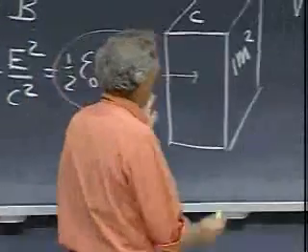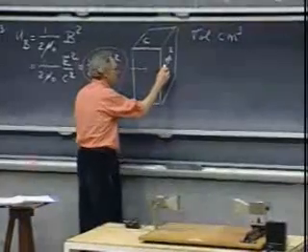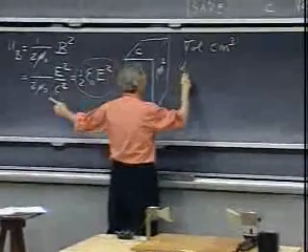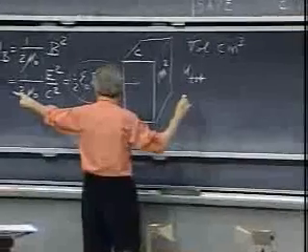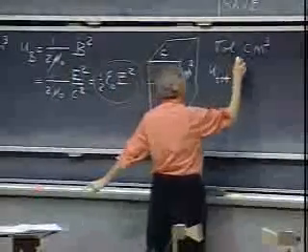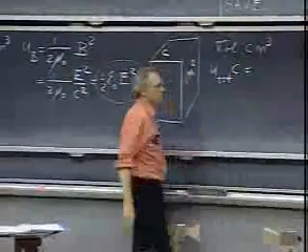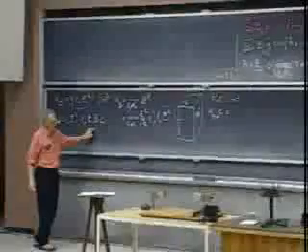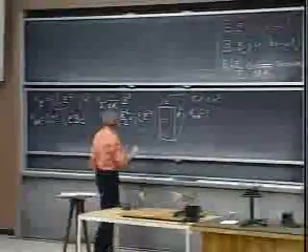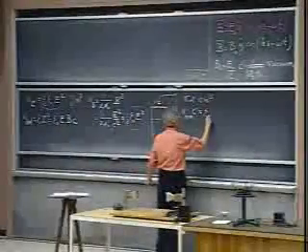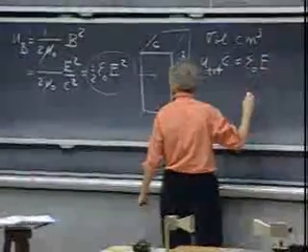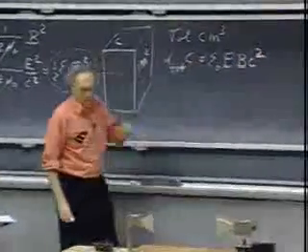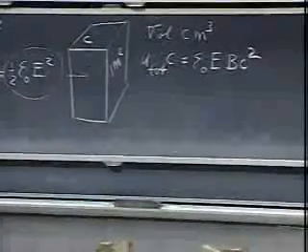And so therefore, the energy that comes out here per square meter per second is that U total there that I have, which is the amount of energy for every cubic meter, but I have so many cubic meters. And so I can use this result now here, and I can substitute that here, so I get epsilon 0 times E times B times c squared. I have to multiply it by this c here.